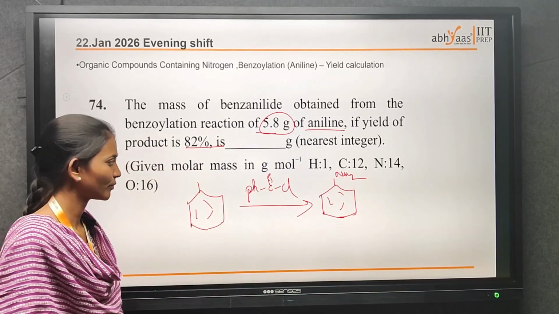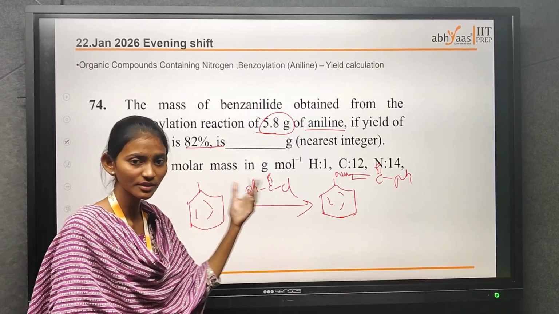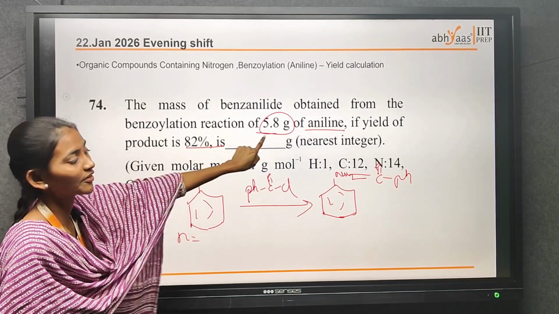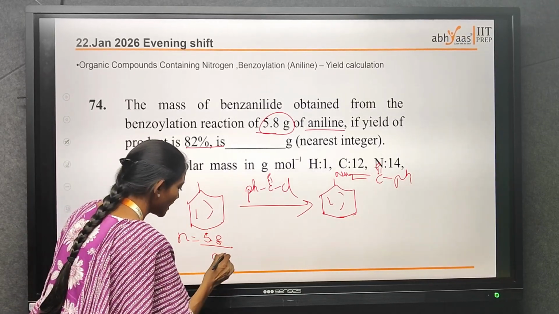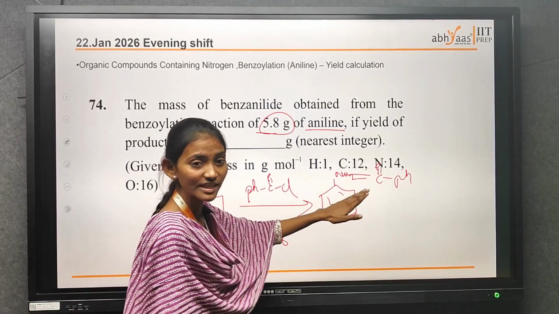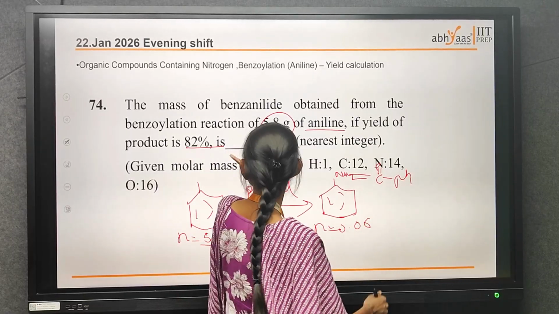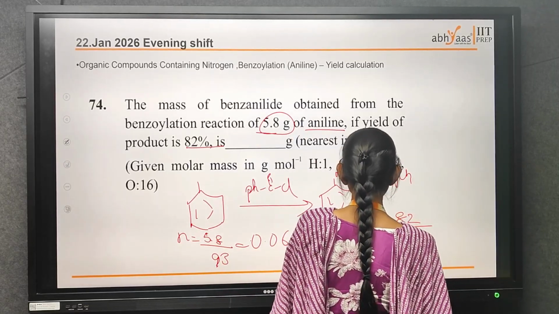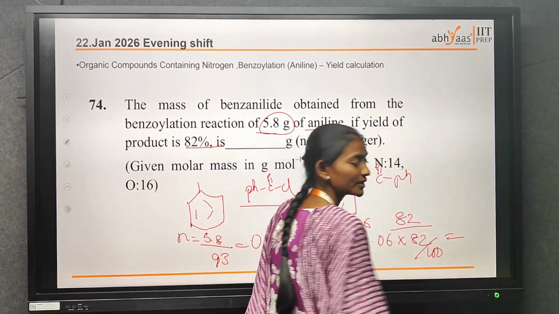After doing acylation, you will get your answer. They have given 82%. Therefore, n equals 5 divided by the molecular weight of aniline, 93. Upon doing this you will get 0.06. Moving on to the product compound, n equals 0.06. What is the weight here? They have mentioned 82%, and the gram molecular weight of the product is here. 0.06 into 82 by 100, you will get some value, that is your integer.